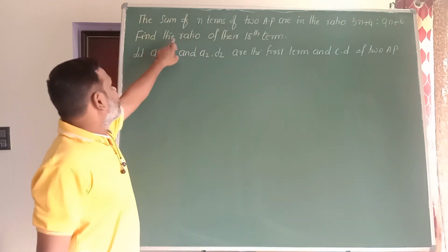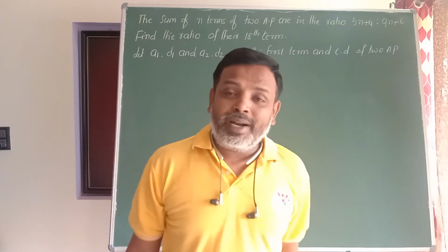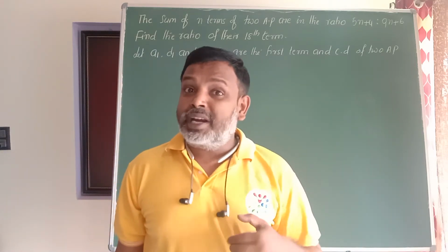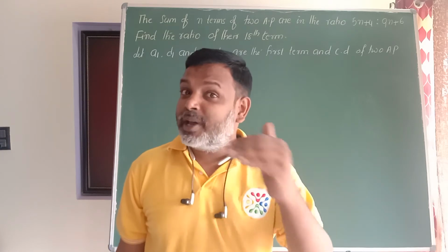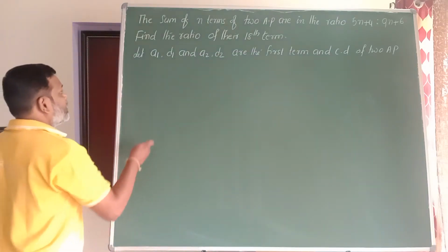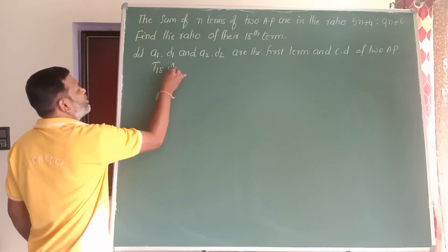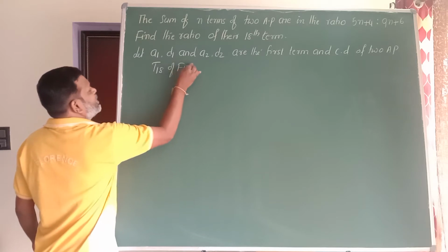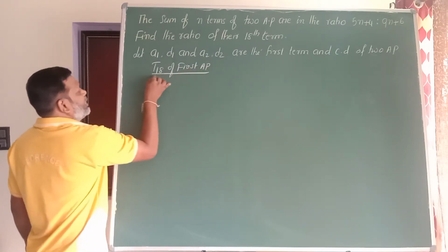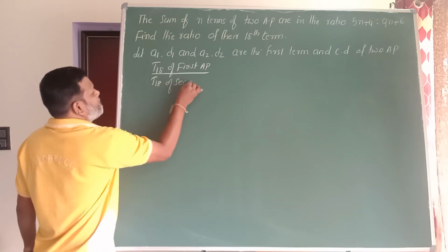We have to find the ratio of their 18th term. The 18th term is T18. So ratio means divided by, of how many arithmetic progressions? Two. So we wish to find T18 of first AP divided by T18 of second AP.